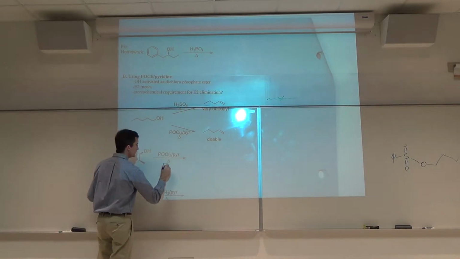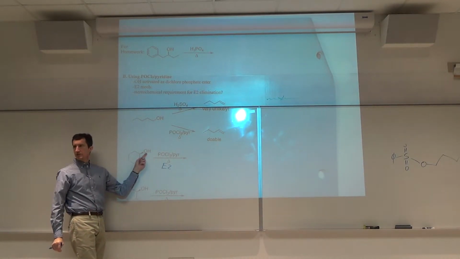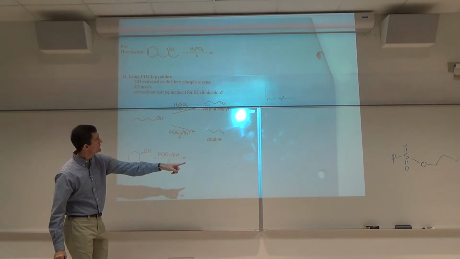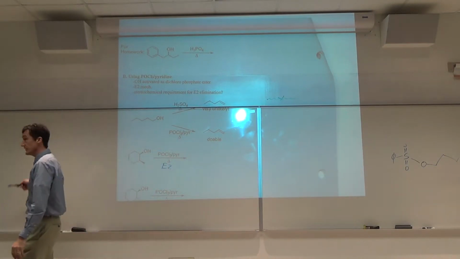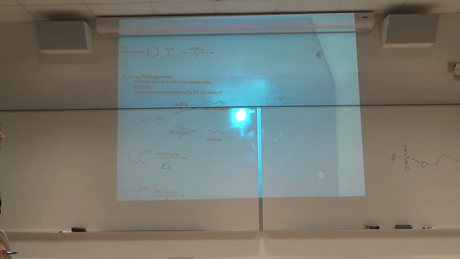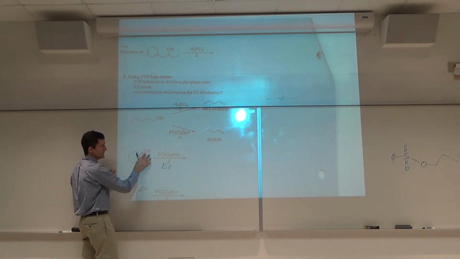We know we're doing E2. What does the POCl3 essentially do? It activates the OH. And the leaving group is actually what? A dichlorophosphate ester. That thing that I drew up there, okay, that's the name of it. That thing will leave. POCl3 converts this to that phosphorus thing.